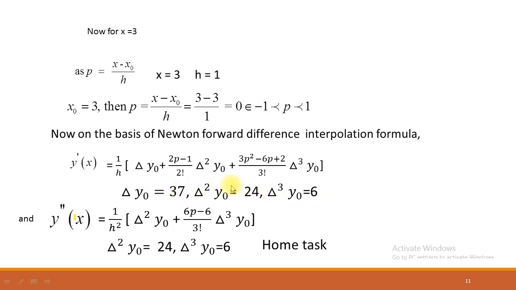Putting these three values in the first order derivative expression, you will get the result for y dash, and then putting delta square 24 and delta cube 6 in the second order derivative, you get the value of y double dash. You can easily compare your approximate result with the exact result, because the exact function for the polynomial is given, which is y equal to x cube plus 2.